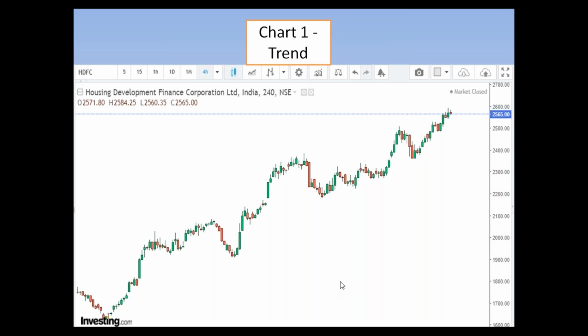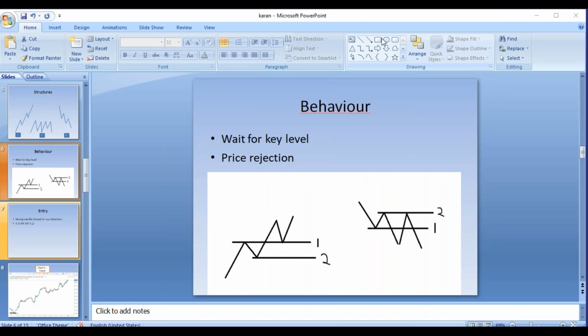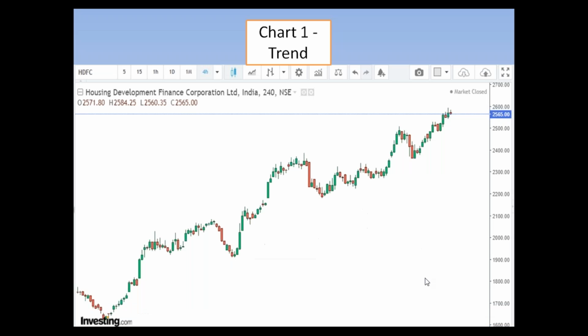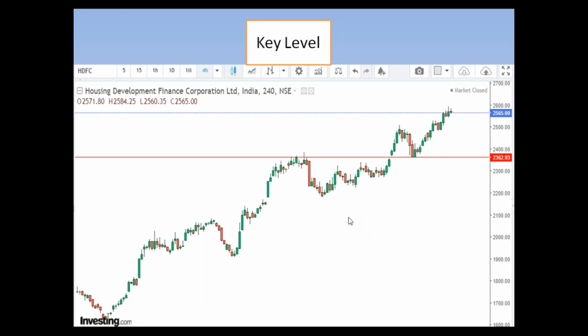Good. So it is clear to everyone. Is the key level clear to all of you, where I have put a red line?